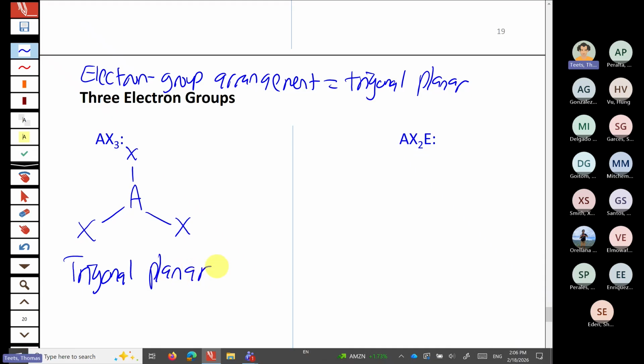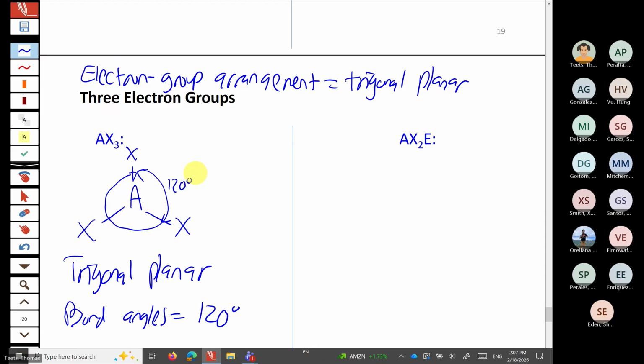So again, in those situations where there's no lone pairs, the electron group arrangement and the molecular shape are the same. So that's trigonal planar, and the bond angles in this case are 120 degrees. You have basically three angles in 2 dimensions. If you want to go all the way around, that's 360. Each of those is 120. All right, so that's trigonal planar.